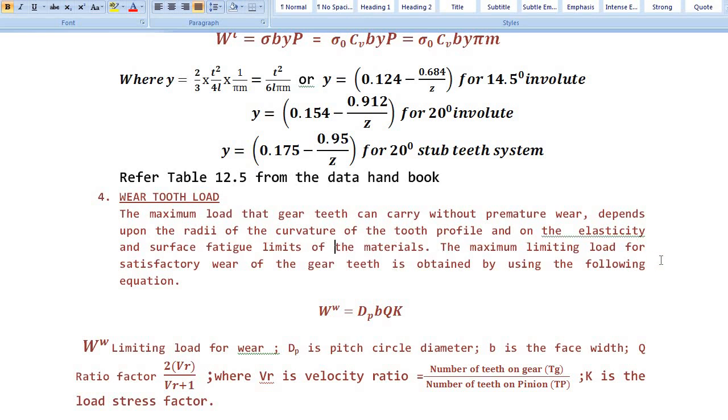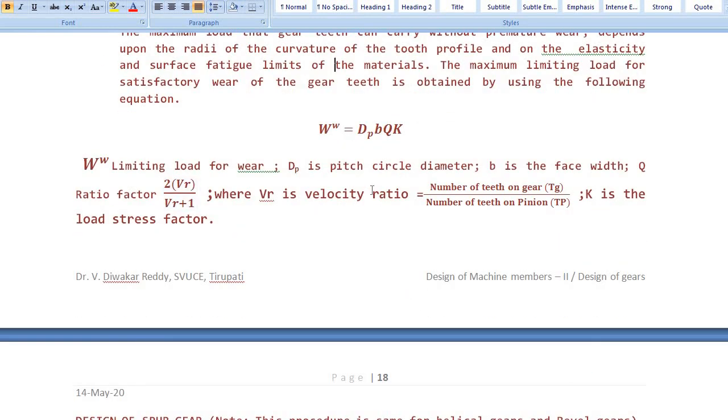The maximum limiting load for satisfactory wear of the gear teeth is obtained by the following equation: Ww is equal to d_p into b into Q into K. Here d_p is the pitch circle diameter, b is the face width, and Q is the ratio factor, which in turn depends upon the number of teeth on the gear and the pinion, and K is the load stress factor. This wear load has to be checked once you calculate the number of teeth on the pinion or the module of the gear.